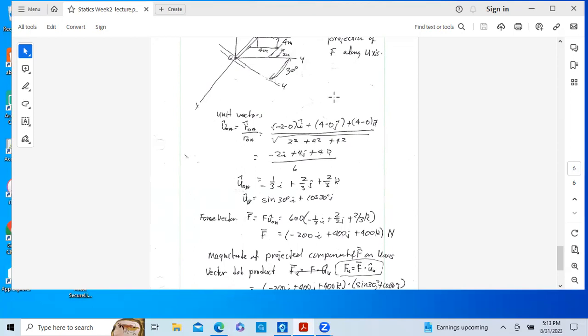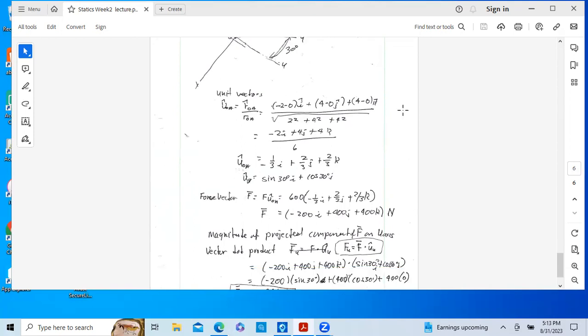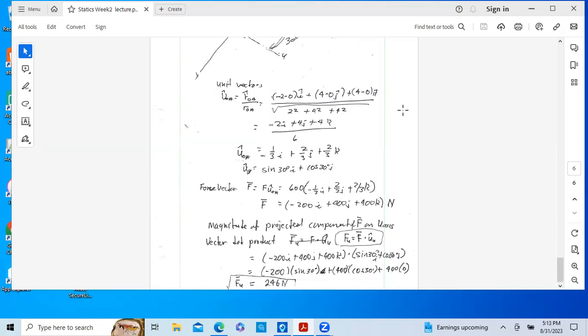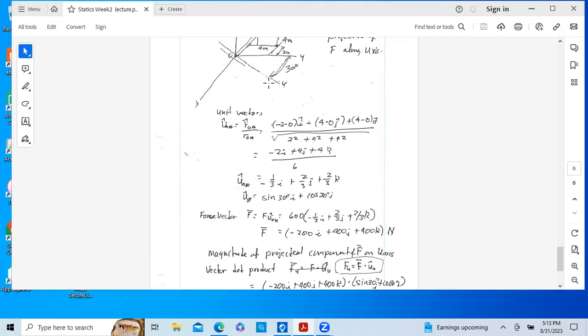So if we're looking at the x direction, this is the x direction, and we have an angle, and this is opposite this angle.